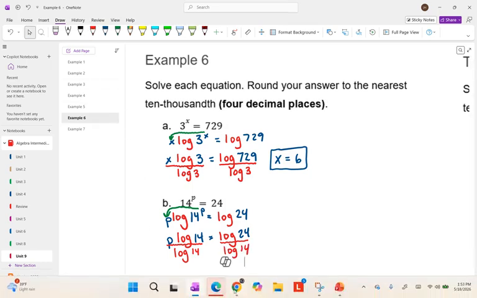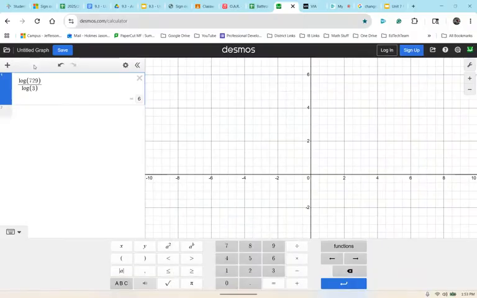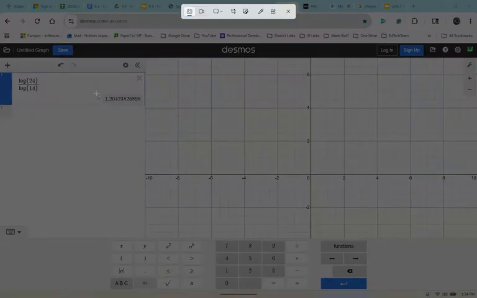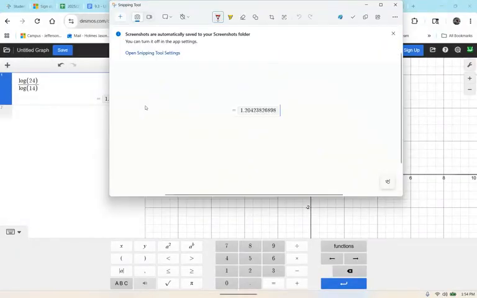If I come back over here to Desmos, now once I have log written in there, I don't need to do it again. I can just highlight the 729. I can replace it with 24, and then on the bottom, log of 14. If I do that, I get this really long number, and I'm going to show you kind of what we're looking at just a little bit closer.